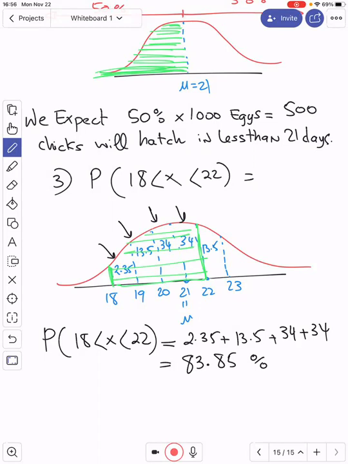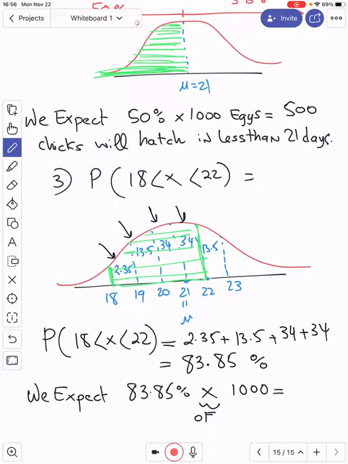Okay. So then, of course, the number of chicks that would hatch between 18 and 22. We have 1,000 eggs, of course. So this is 83.85% of the 1,000 eggs, right? Sorry.